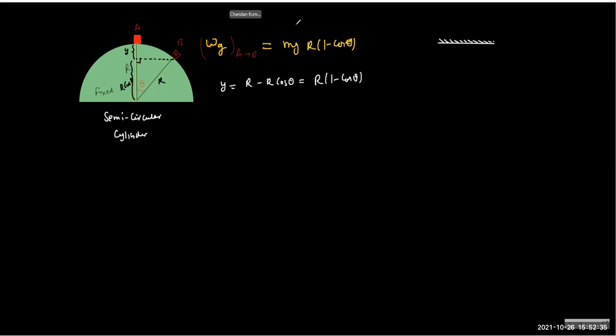We have a bob attached to some thread. It makes some angle theta. This is L. Let's make it some other angle, maybe I want to make it more complex.